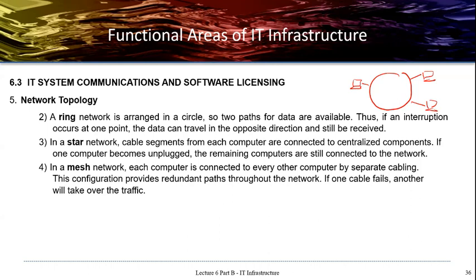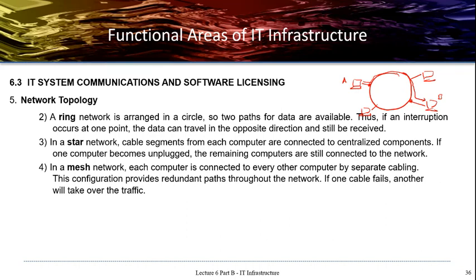So when you connect your computers into a ring type of topology, there are two paths available. Let's say this is A, if A is communicating with B, they can go on this ring, this path, and communicate.